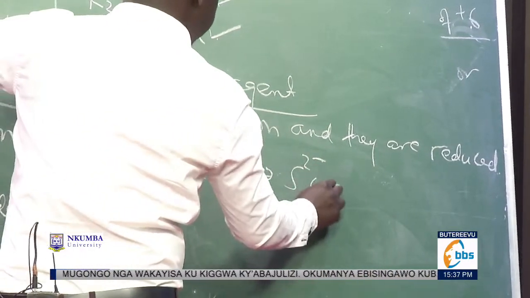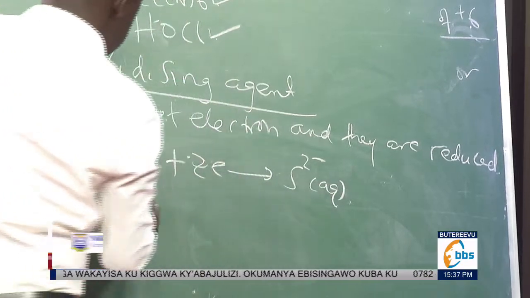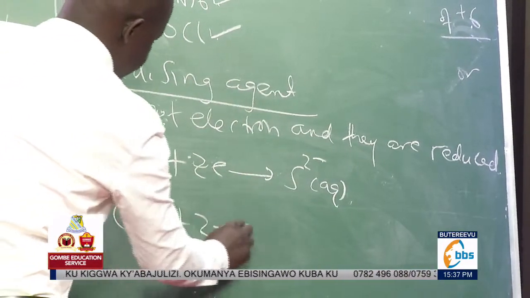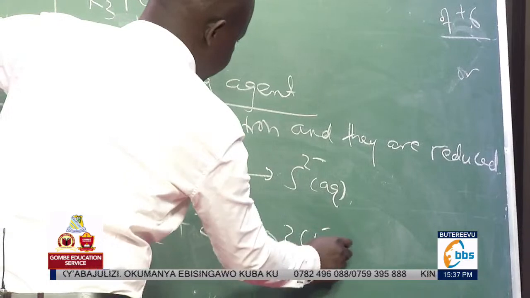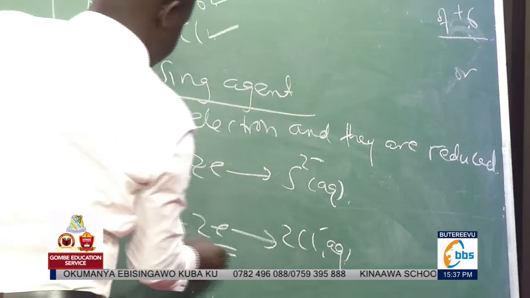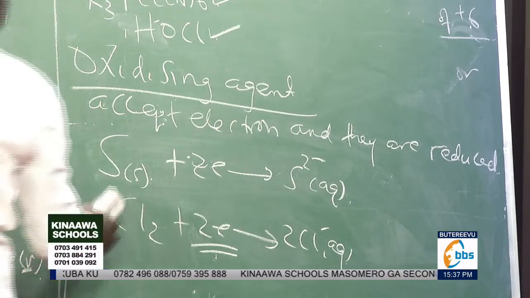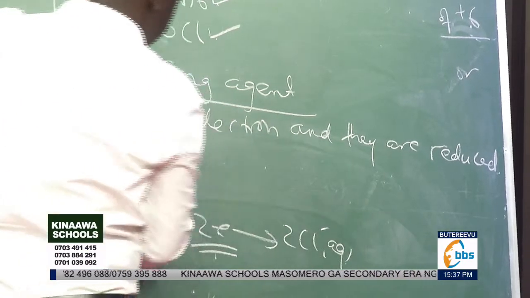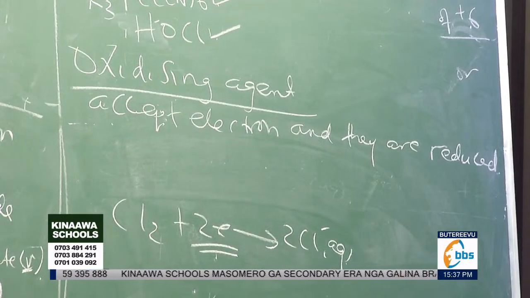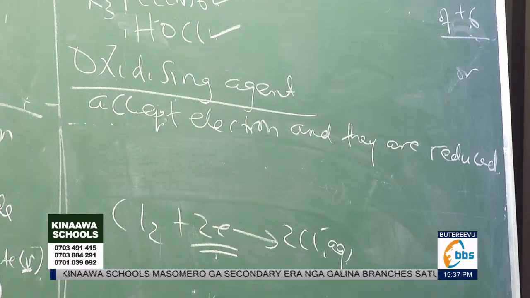Sulfur, but the best is chlorine. Chlorine forms 2Cl minus. Sulfur is a weak one. The good oxidizing agents are in group 7, so let me use chlorine. So in this case, chlorine is an oxidizing what? Agent. It accepts electrons and becomes what? Reduced.